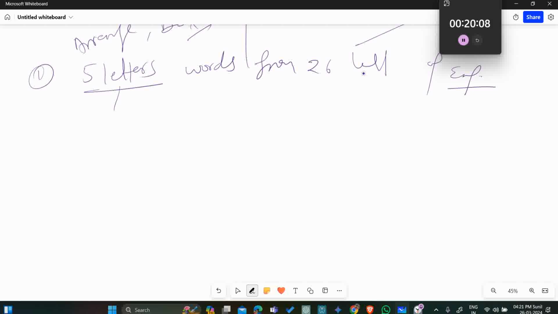How many words of 5 letters from the 26 letters of English can we create without repeating any character? So these are 5 places where we can put some values.